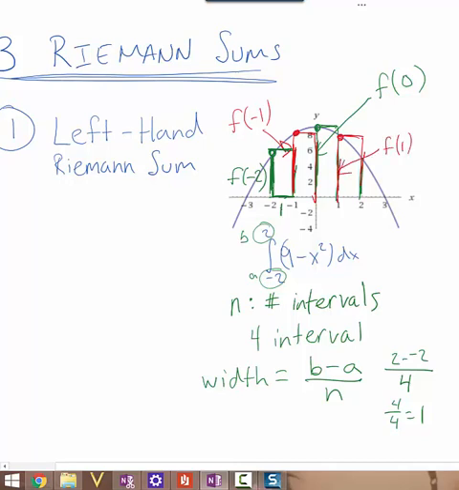And notice we never got to this final endpoint. We don't use that 2. So on a left-hand Riemann sum, we only use the lefts, negative 2, negative 1, 0, 1, and we don't use that very final point because we're using all the left sides. All of these widths are 1. So basically we're just doing area equals base times height.